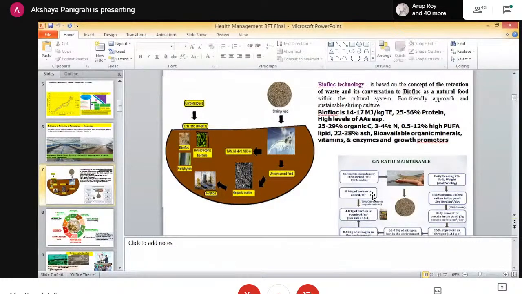So now coming to the biofloc system, as I told you, this is a natural bacterial protein system.